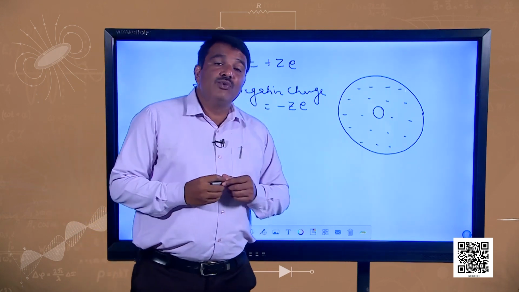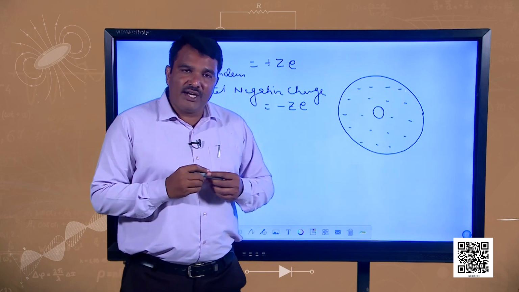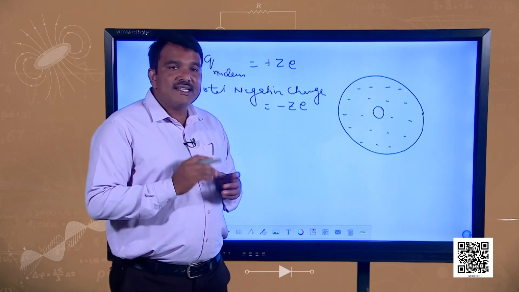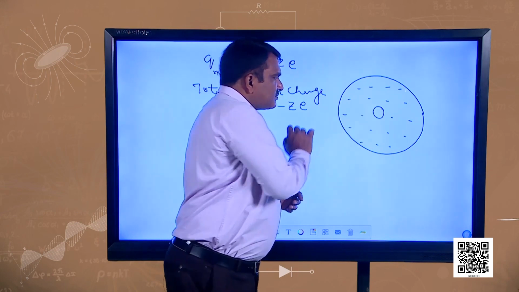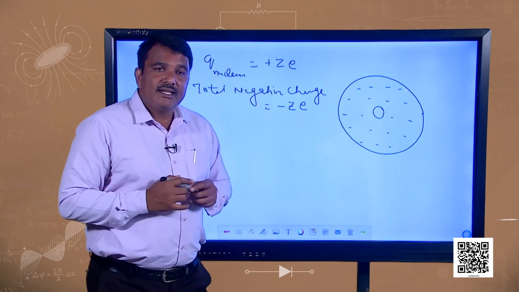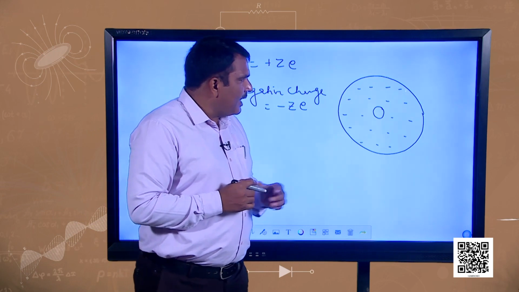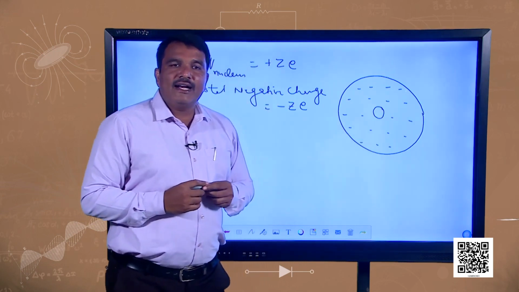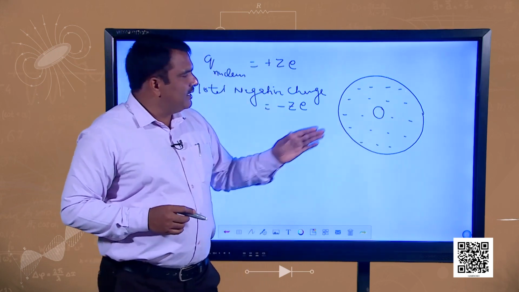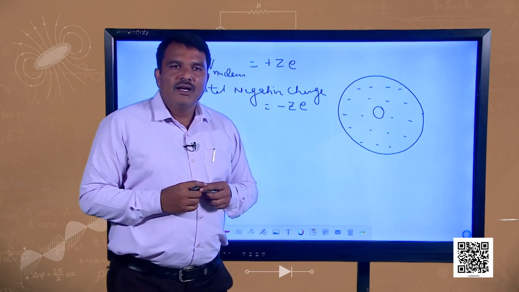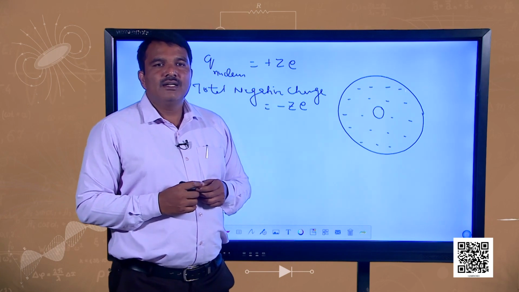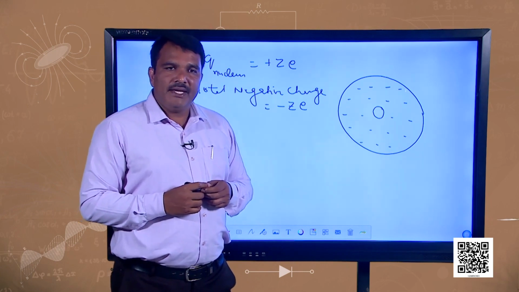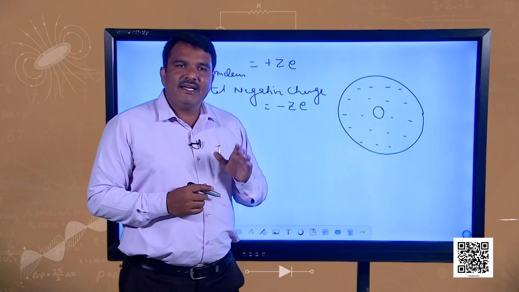Now in this question you have to find the electric field at a distance small r from the nucleus. Now this point may lie outside the atom and this point may also lie inside the atom. Now let us find electric field at any point P which is present inside the atom.